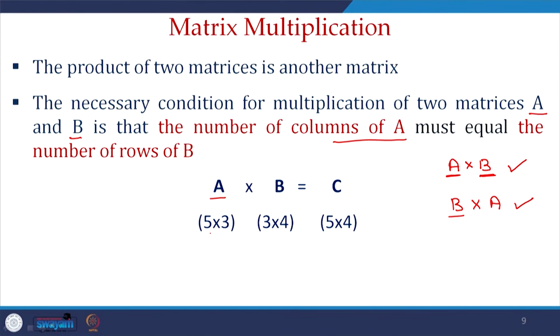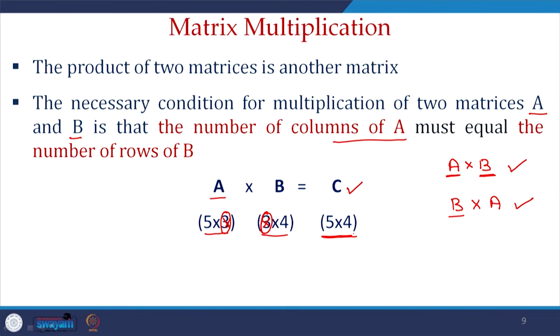For example, if I take a matrix A of order 5 by 3 and B of order 3 by 4, then the output matrix C will be of order 5 by 4. You see, the number of columns in A and the number of rows in B are equal, so you ignore these two, and the outer dimensions of A and B will be the dimension of the resulting matrix C.